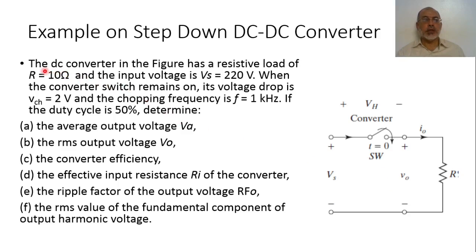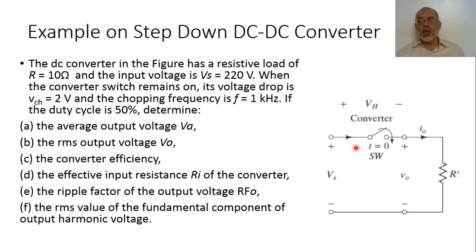We say that the DC converter in the figure has a resistive load R equals 10 ohms. So the value of R is 10 ohms, and the input voltage Vs is 220 volts DC. When the converter switch remains on, its voltage drop V chopper is 2 volts.